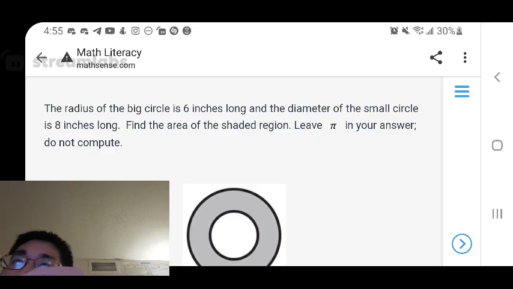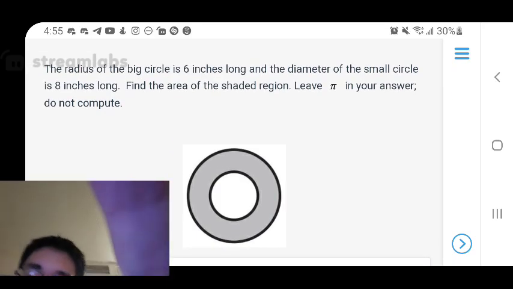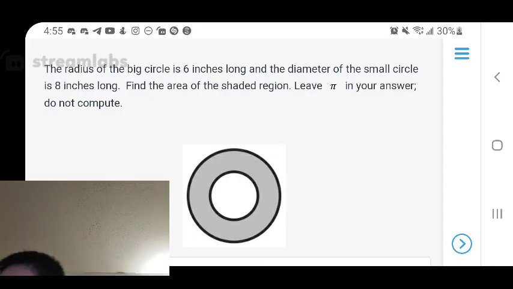Alright, oh, this is a circle. I would draw on the picture, but okay, I'll just draw another picture on my scrap paper. The radius of the big circle is 6.